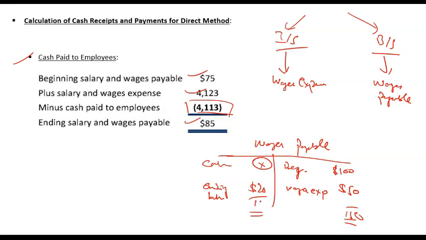So that means my cash should be $130. So using the T account, or using this structure, you can find out the adjusting figure of cash.